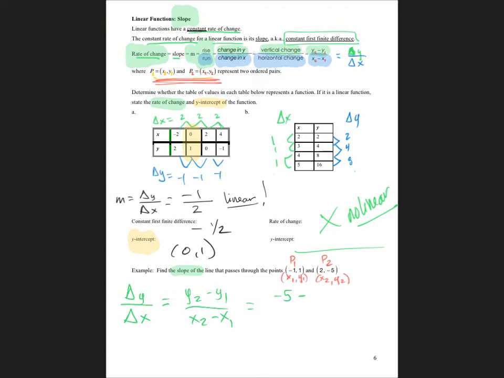Minus y1, which is 1. x2 is 2. Minus x1, be careful of your minus signs. Let's simplify. And then, well, that's fine. I think I want to go one step further. There's my slope. Let's simplify.